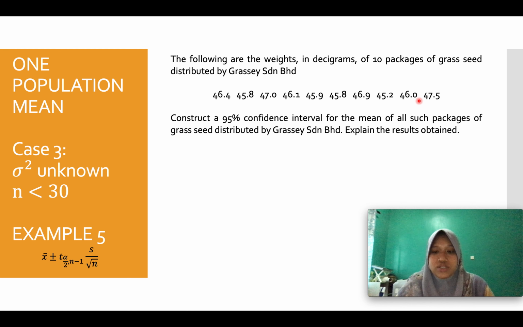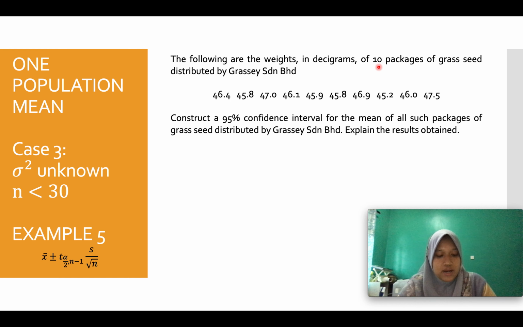Just use your calculator. Why does this fall in case number 3? Because first, we do not know the population variance, sigma square has no value, and we only have sample size equal to 10.